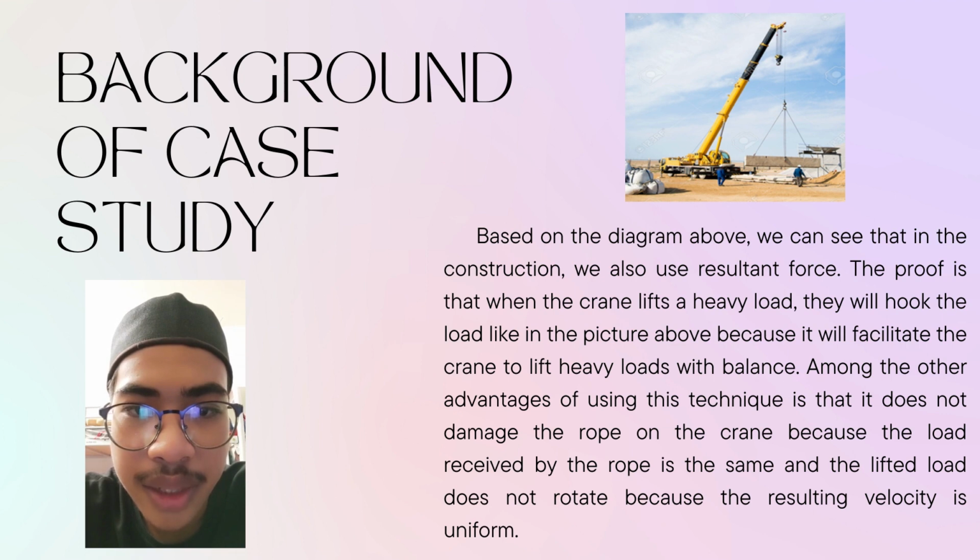Among the other advantages of using this technique is that it does not damage the rope on the crane, because the load received by the rope is the same and the lifted load does not rotate, because the resulting velocity is uniform.